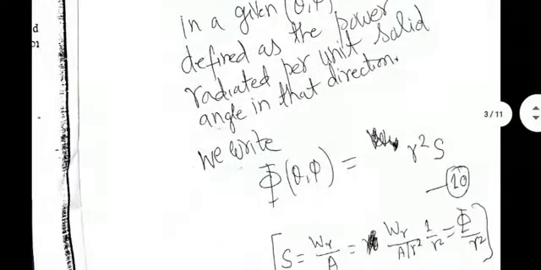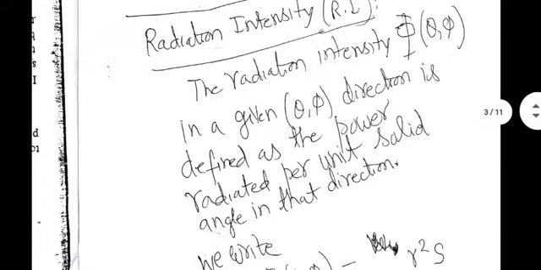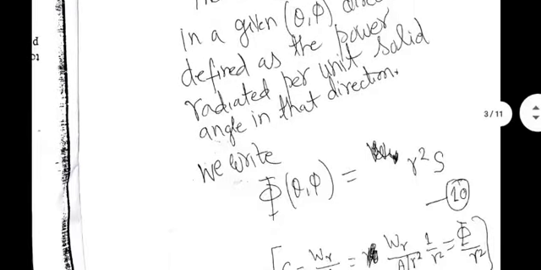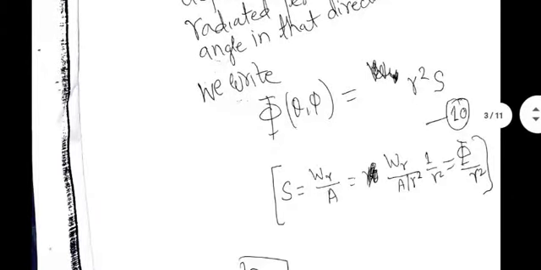So we write phi of theta, phi equal to r squared S. Why? It is shown within the brackets here. S is W_R divided by area A, right? I can modify that to W_R divided by A by r squared, and then the entire thing multiplied by 1 upon r squared.